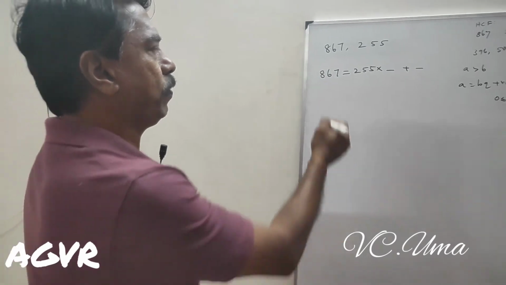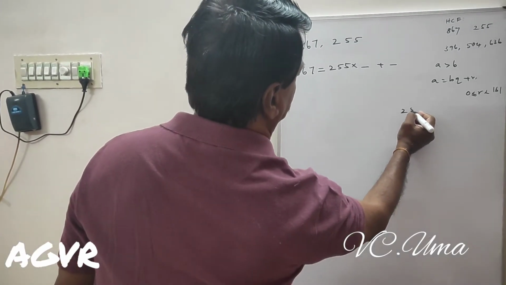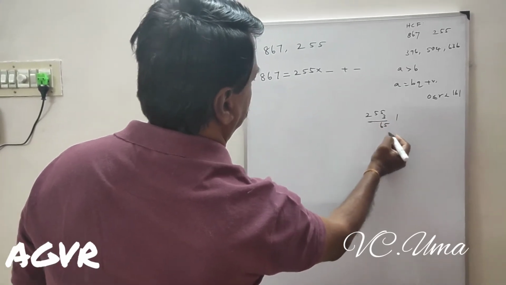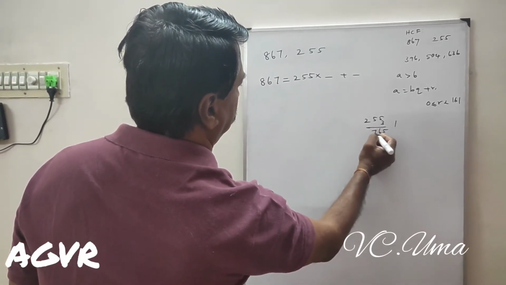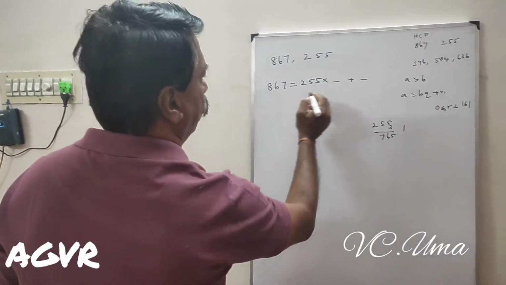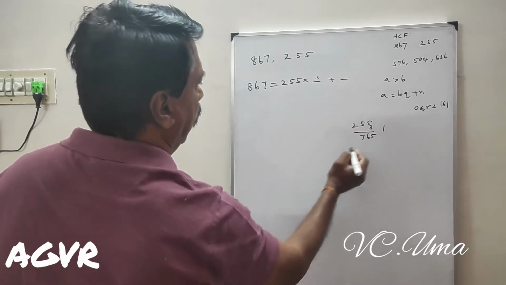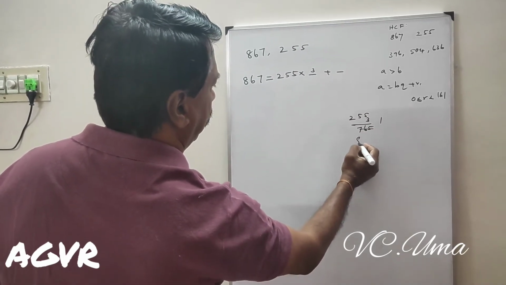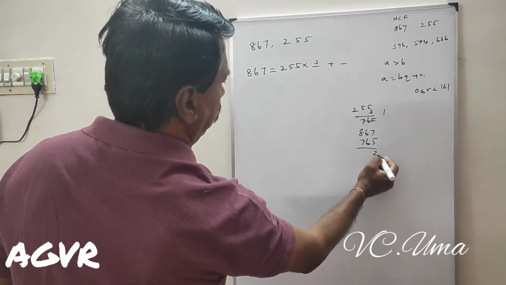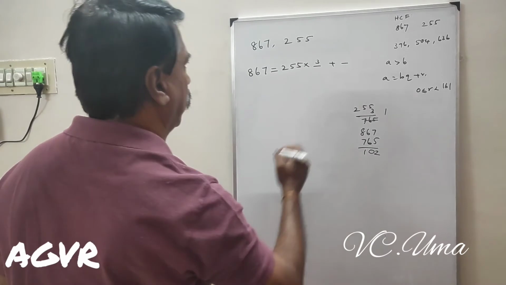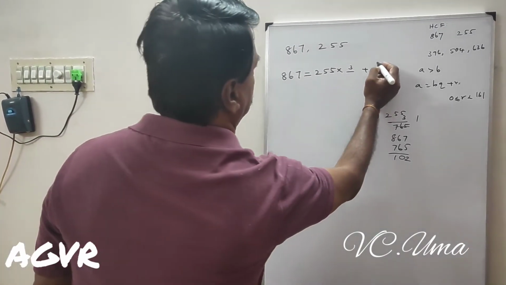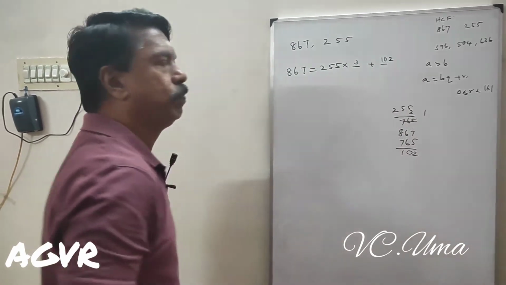Try 3 times: 255 into 3 is 765. So this can be written as 255 into 3 plus the remainder, 867 minus 765. You subtract and you get 102. So the remainder is 102.